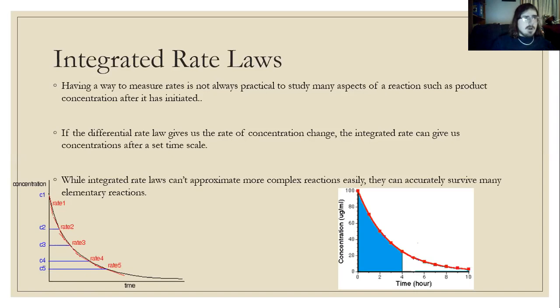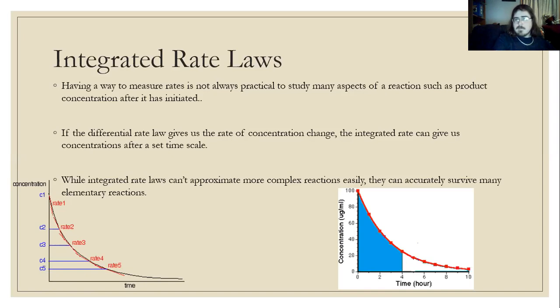If our rate law was our tangent to the curve, our integrated rate law is the integral of that tangent. We measure the reaction rate. It is not always practical to look at the reaction rate once it's initiated.